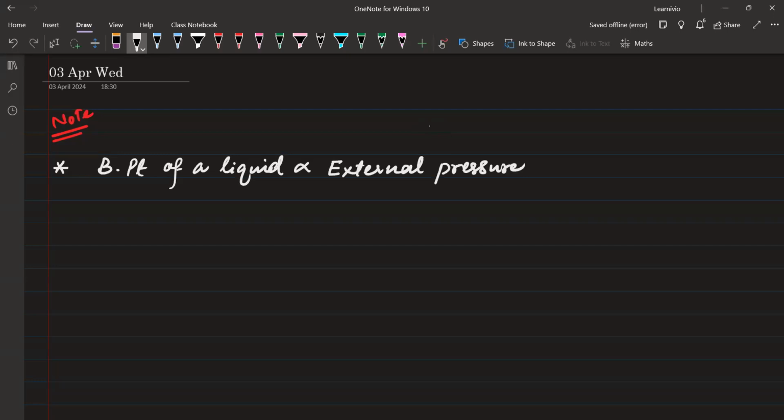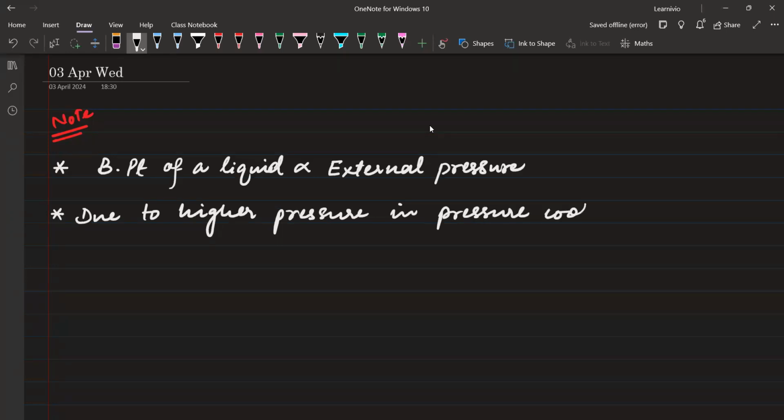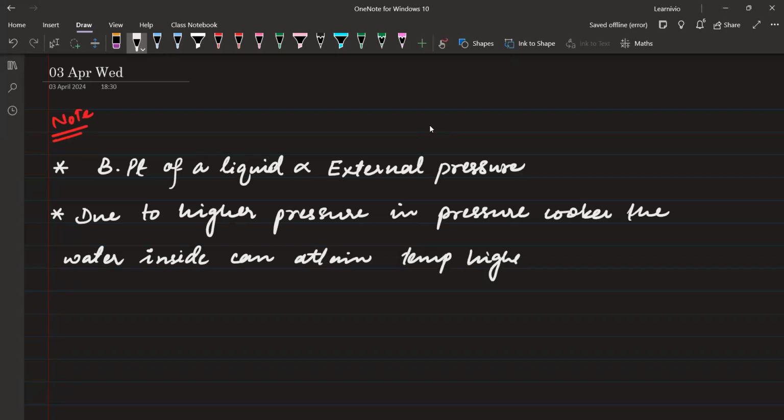Then you will write next point. Due to higher pressure in pressure cooker, the water inside can attain temperature higher than 100 degrees Celsius.